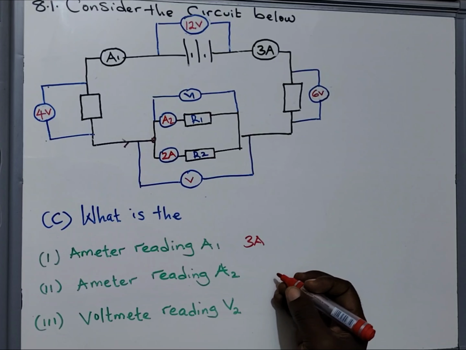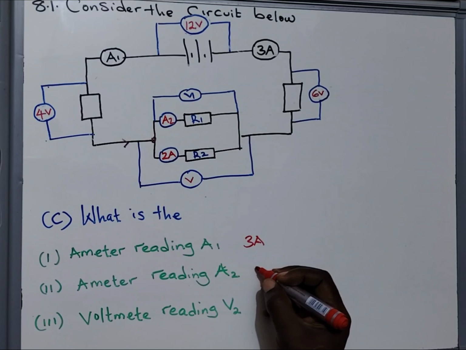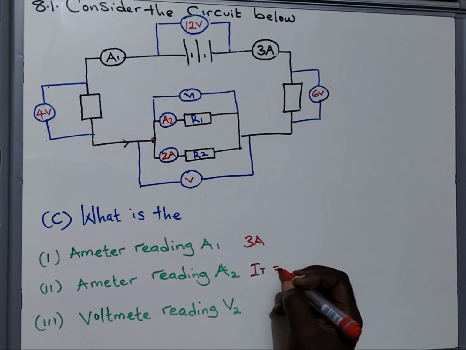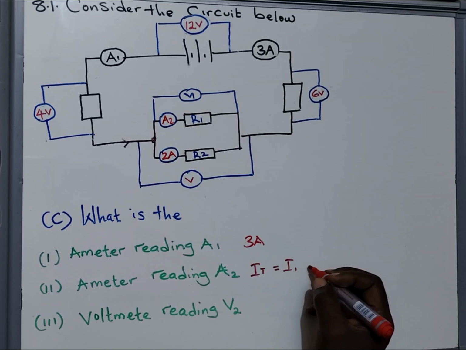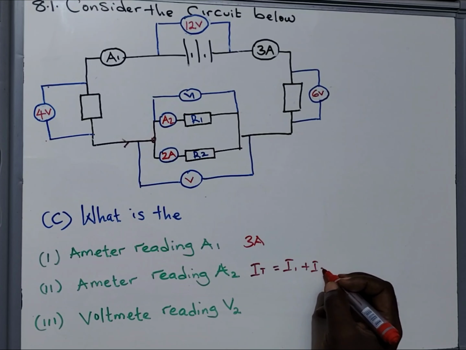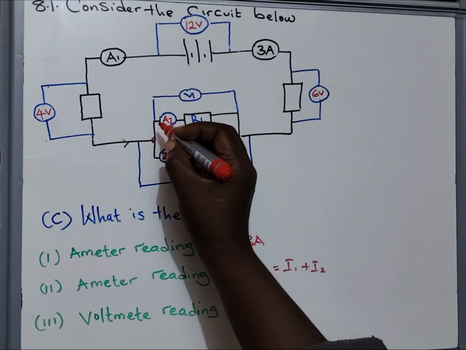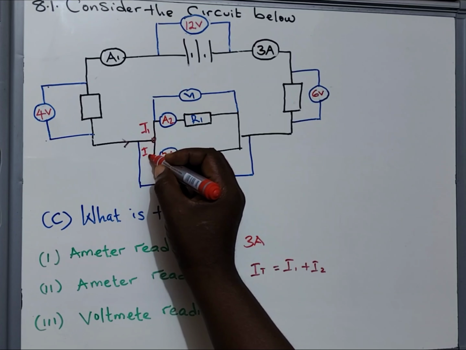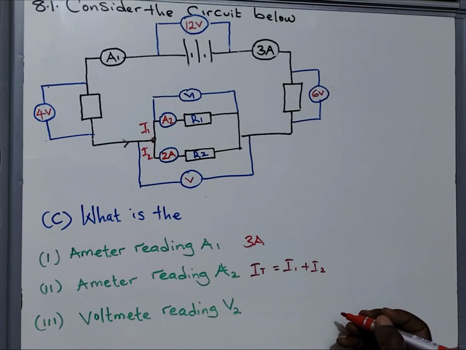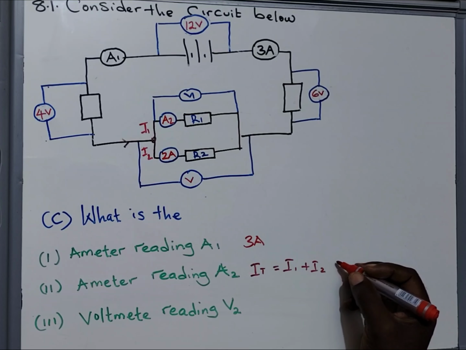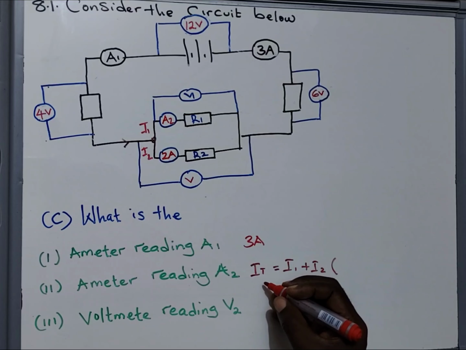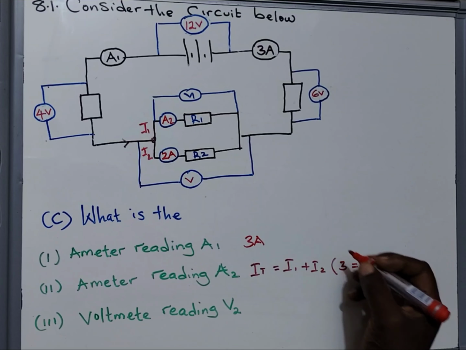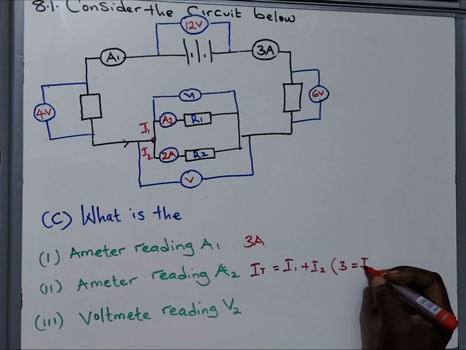So in other words, it separates. So we have I total equals I1 plus I2, if we happen to call this one I1 and this one I2. So what does that mean? That means that I total, which we know is 3. I1, we don't know it.